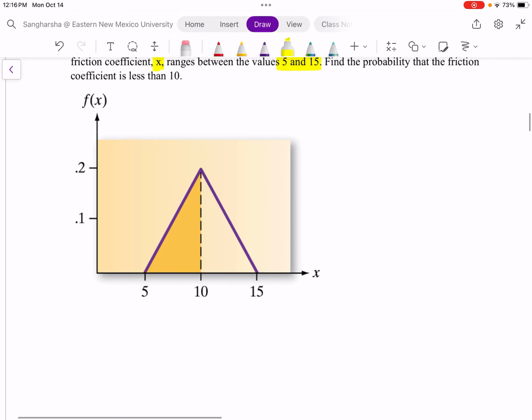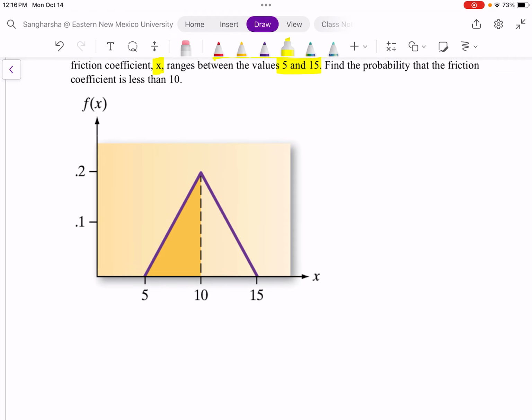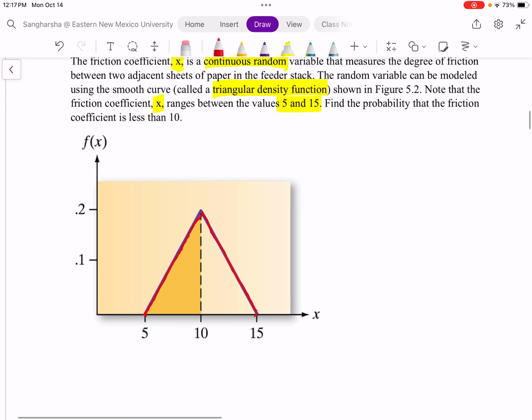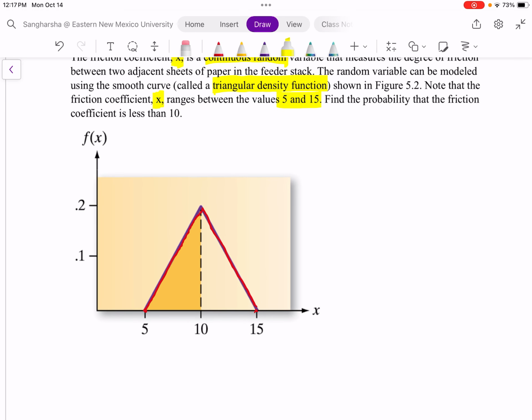So we have a triangle starting from 5, from this point. So we have this curve. This curve is our triangular density function.